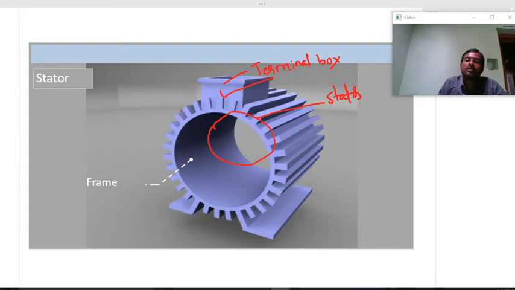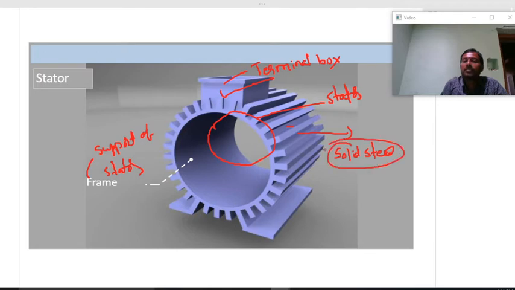This frame is used for the support of the stator. The material used for the frame is solid steel or cast iron; based on the machines, these materials vary.